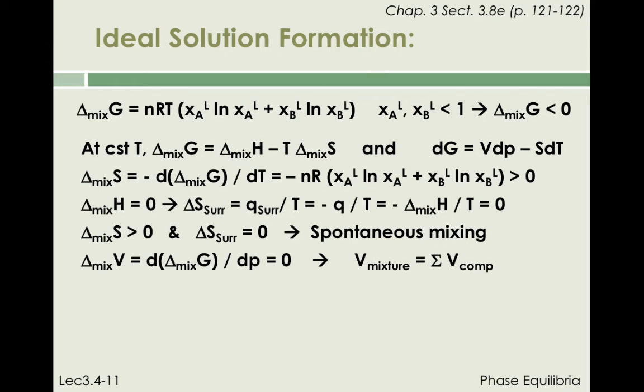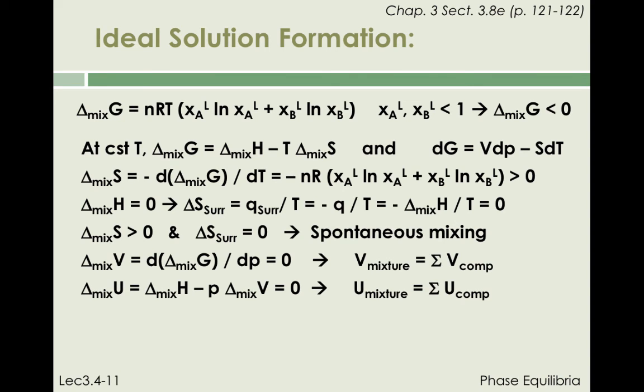From the expression H equals U plus PV, or U equals H minus PV, we conclude that the change in energy upon mixing, delta mixing U, is equal to the change in enthalpy of mixing, delta mixing H, minus P times the change in volume upon mixing, delta mixing V. So for ideal solution, there is also no change in energy upon mixing.